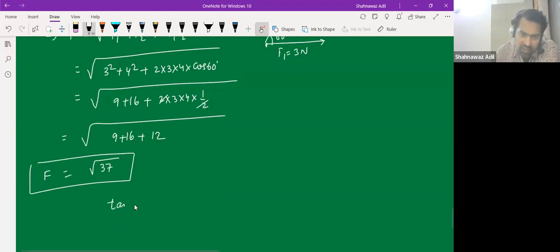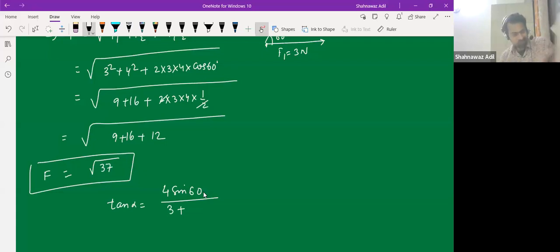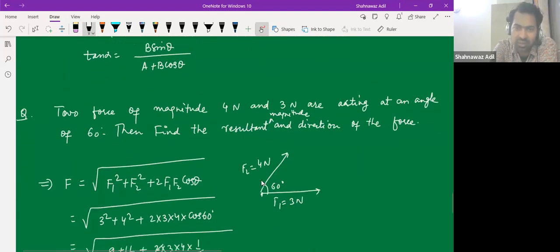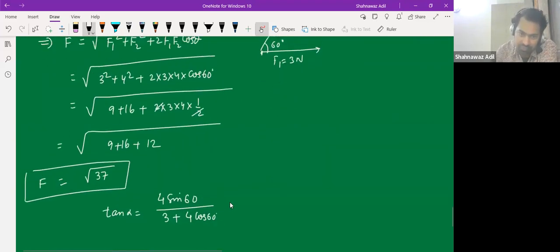So this is the magnitude of the resultant, root 37. And the direction is how much? The direction is F2 sine theta divided by F1 plus F2 cos theta, right? So let's say this is the F2 that we will take. So 4 root 3 by 2 divided by 3 plus 4 into half.